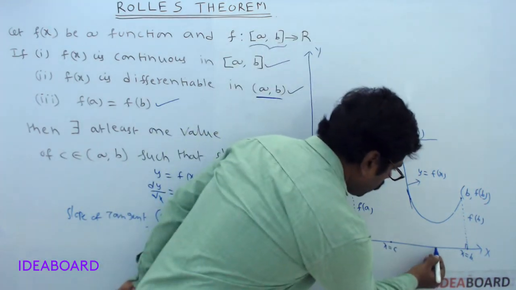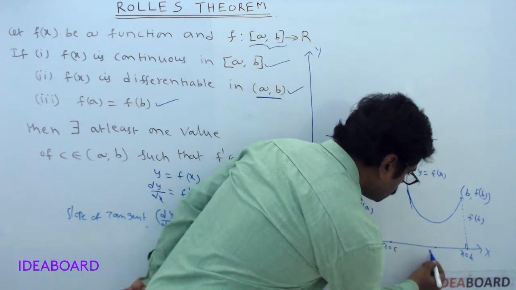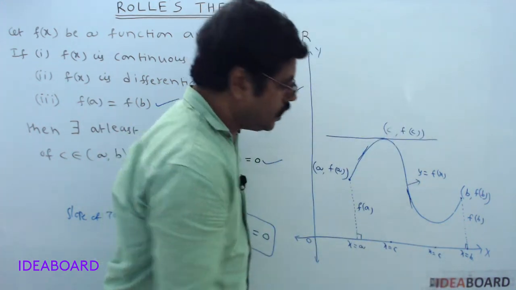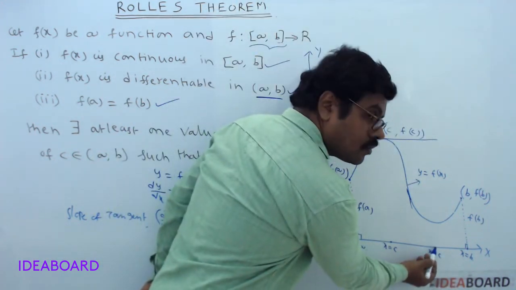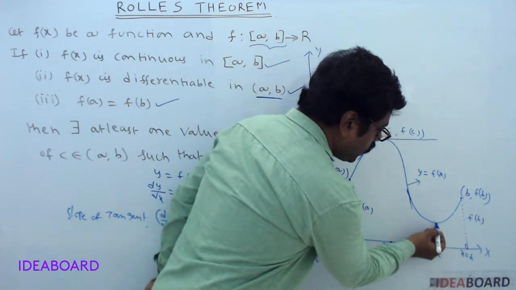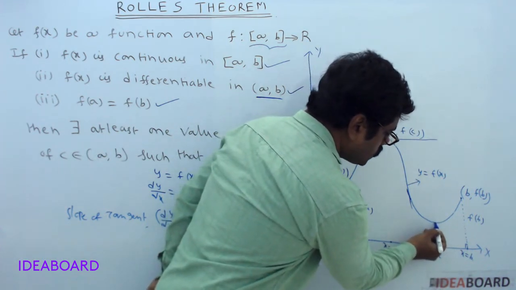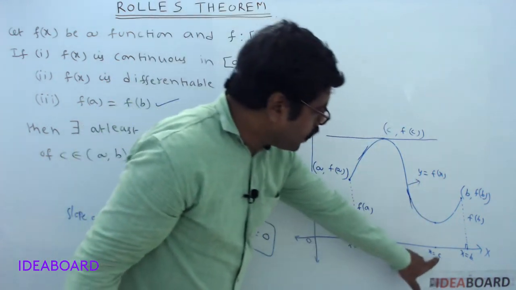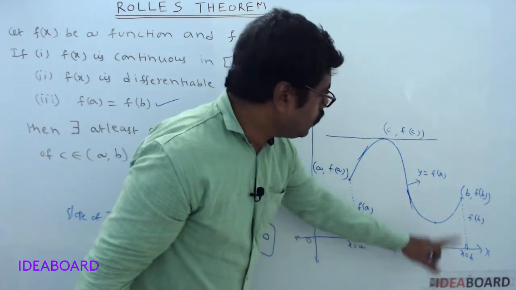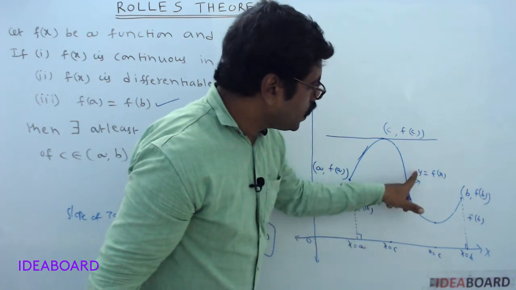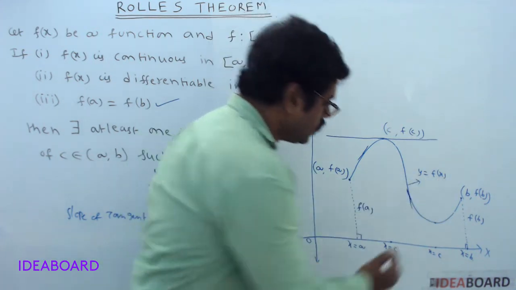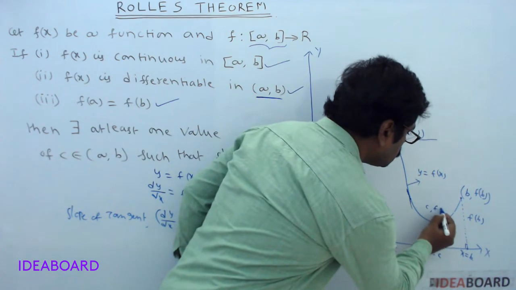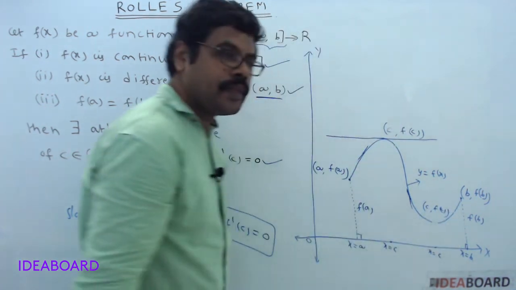Suppose if I take the point C here, suppose this is our x equals C. Corresponding to this x equals C, denote a point on y equals f of x. Now this is a point on the curve y equals f of x. By substituting x equals c in this equation, we get y equals f of c. Now this is the point c comma f of c.